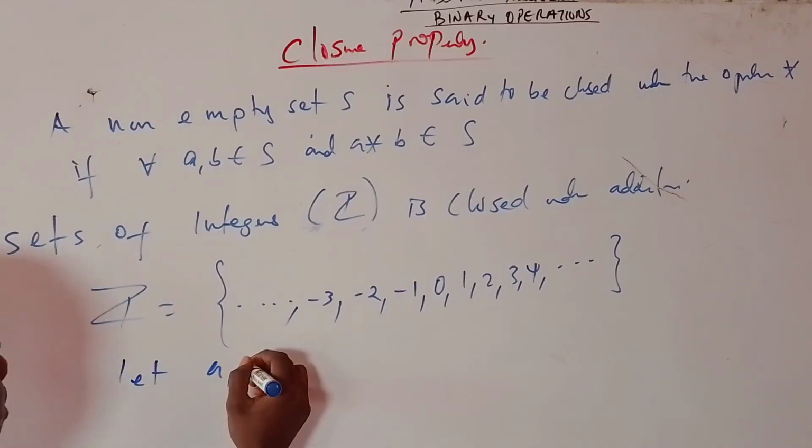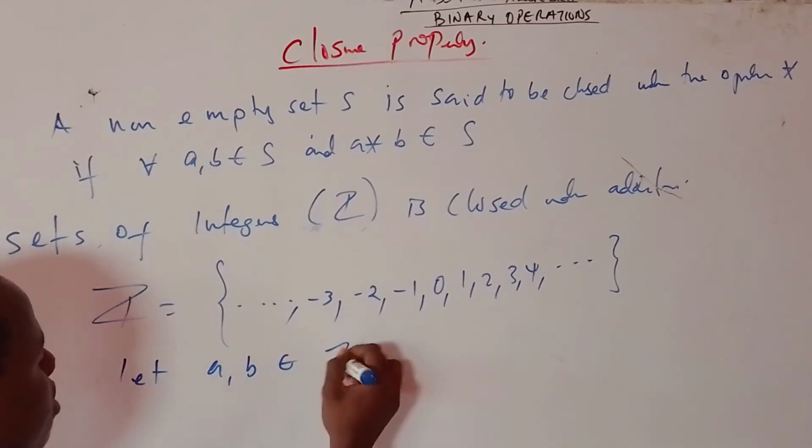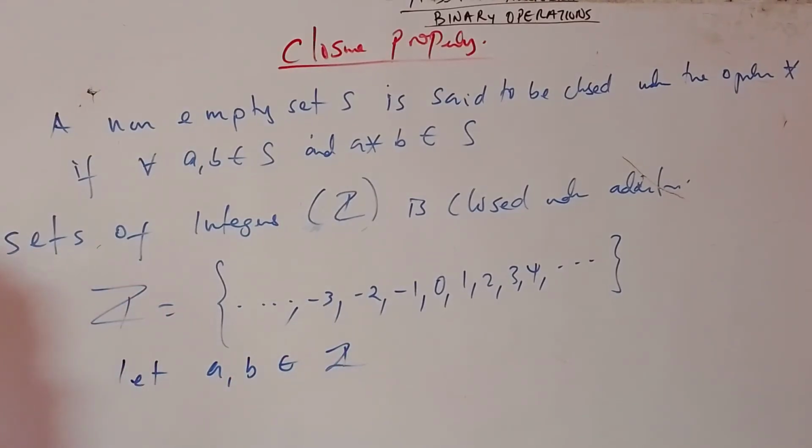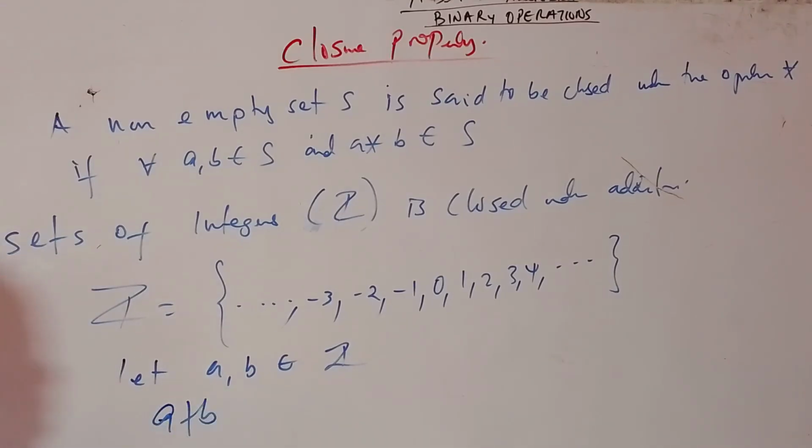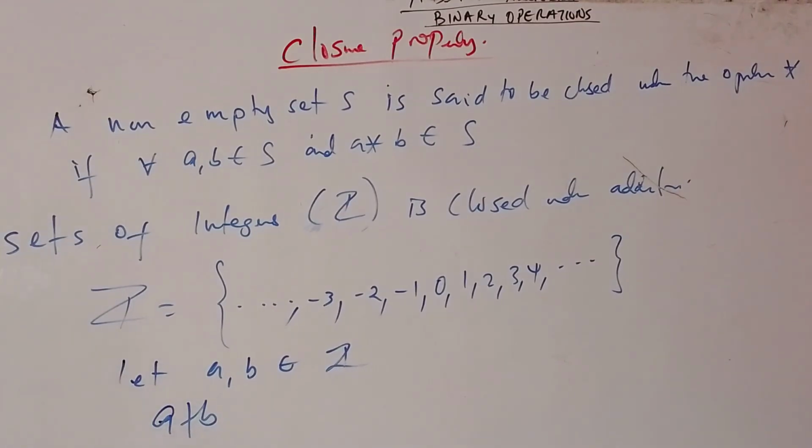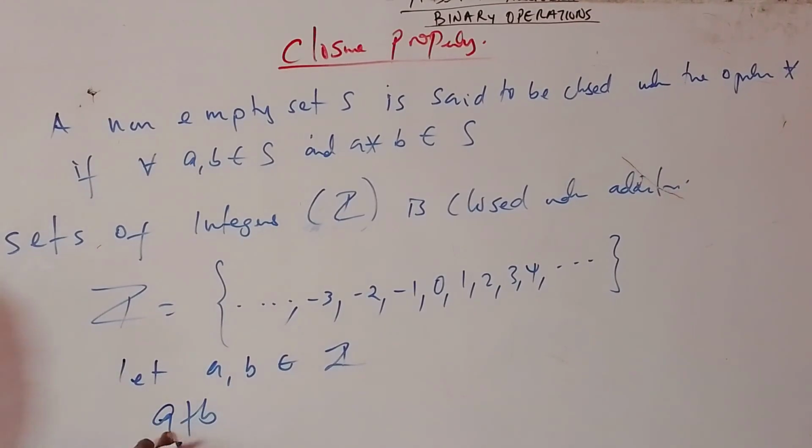Let a, b be elements of the set of integers. Then if you add any integers together, a plus b, where a is an integer and b is also an integer, the result will always be an integer. Are you getting me now?